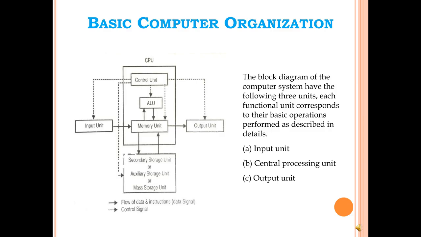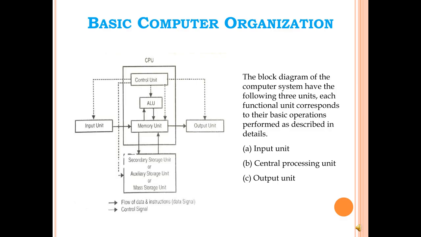After data is entered, the processing gets started, and this processing is done by the CPU, which contains three units. First, the control unit, which is used to control the processing.